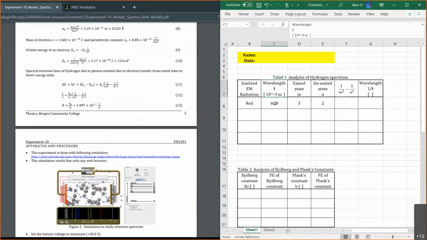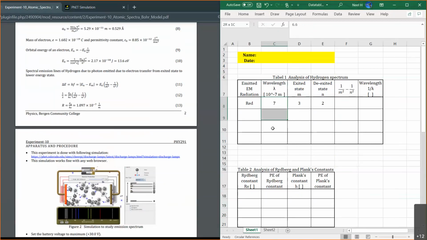So instead of reporting this with the 10 to the negative 9, if I record this with the 10 to the negative 7, then this number should be 6.60, right? So if I record that way, it is easy when I do the table number 2 calculation, right? It is not required, but if I do that way, this 10 to the negative 7, I can keep it without putting it into the calculator, okay?